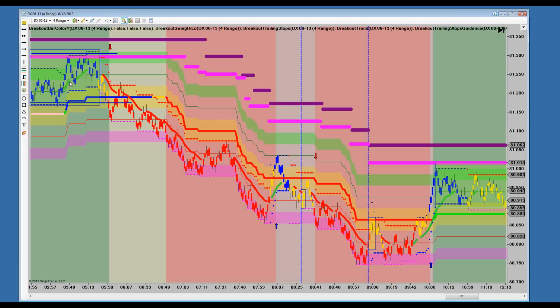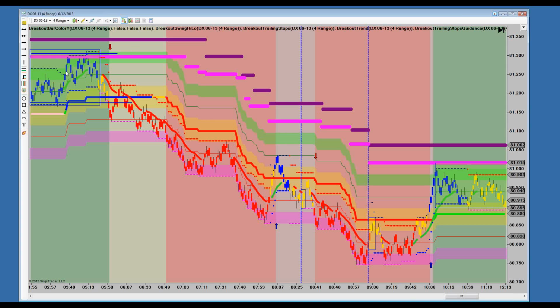Now, when the market comes down here, this is the dollar index, and based on the guidance that we have over here, the guidance is these large chunky dots. That's our guidance dots. What direction did we expect this market to go out of this consolidation box on the left?